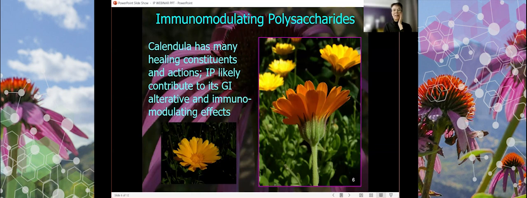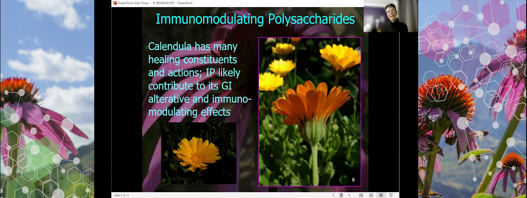So it's pretty interesting to think of our friend calendula that way also, contributing to its GI alterative, long-term repairing and rebalancing of function and the immunomodulating effects. So lots going on in calendula.